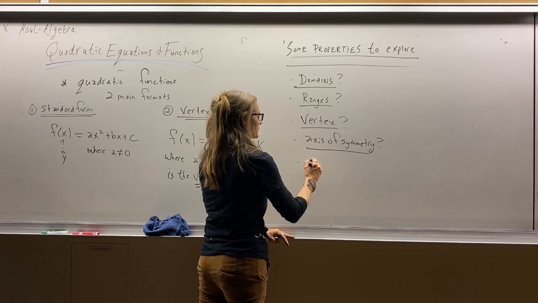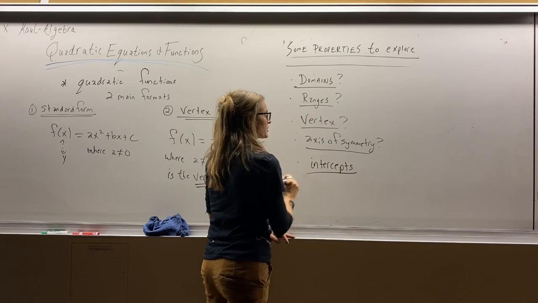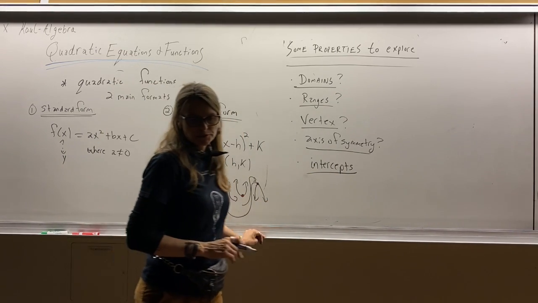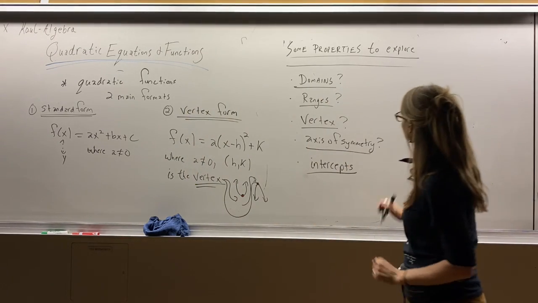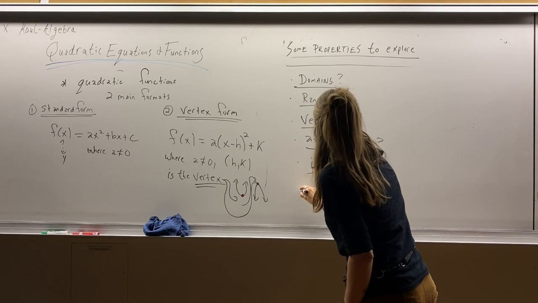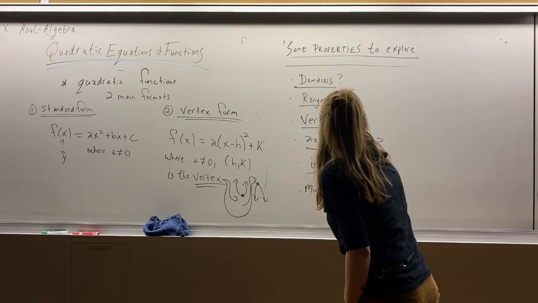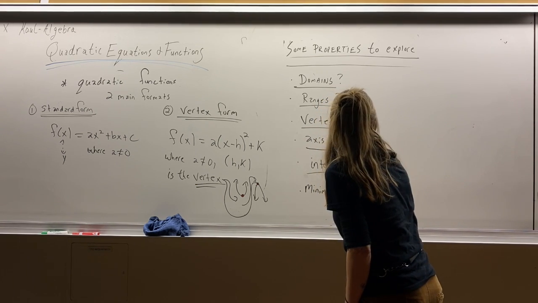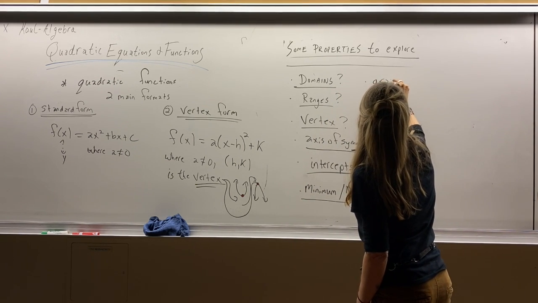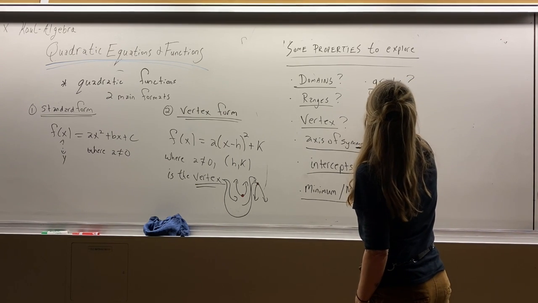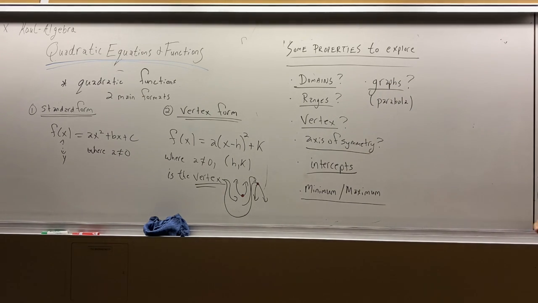We want to take a look at our intercepts, x and y intercepts. It's another property we want to explore. And we want to, in addition, look at minimum and maximum values. And we want to look at what the graphs look like, which are a special kind of graph called a parabola.